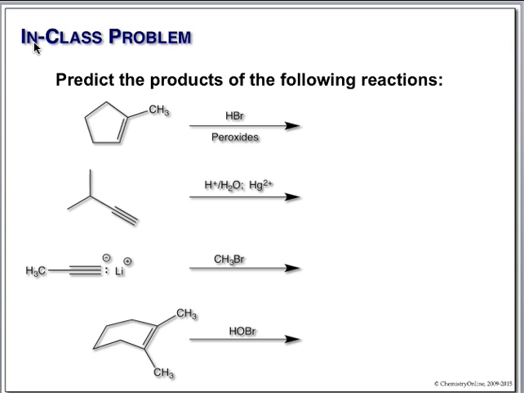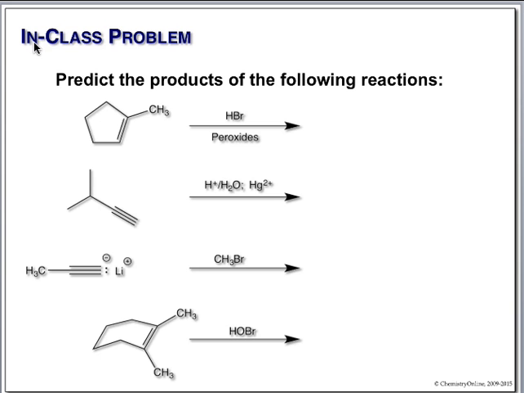We say we have HBr peroxide. What do we know about that? We know that this is going to be a radical reaction, that we're going to form the radical that's going to be most stable. Now that's going to be on the carbon. It would also form the most stable carbocation. We have a tertiary center and we have a secondary.